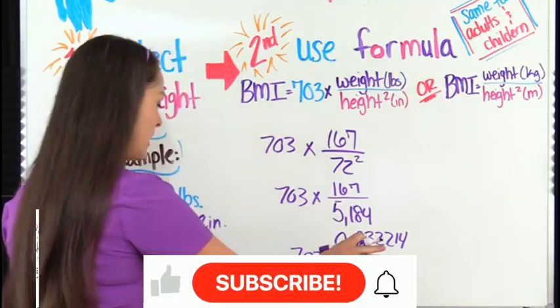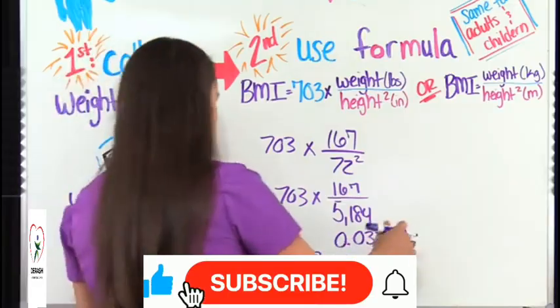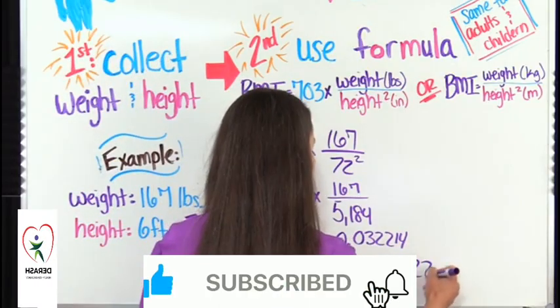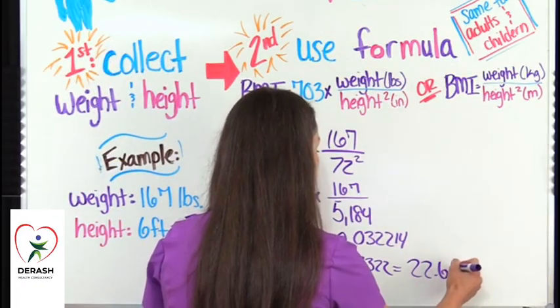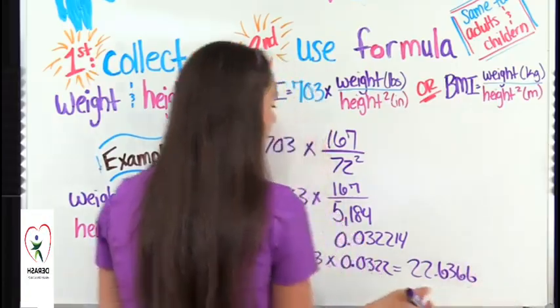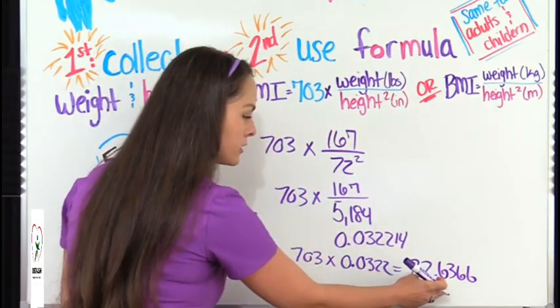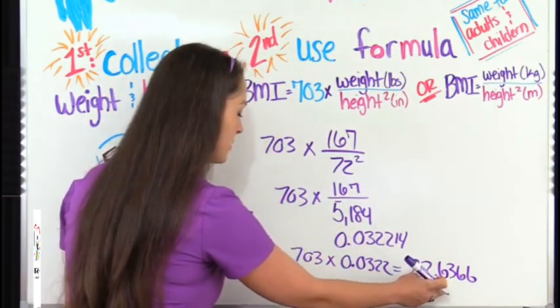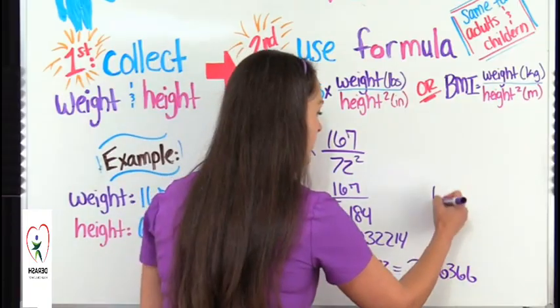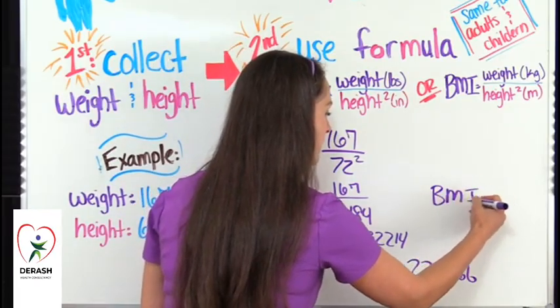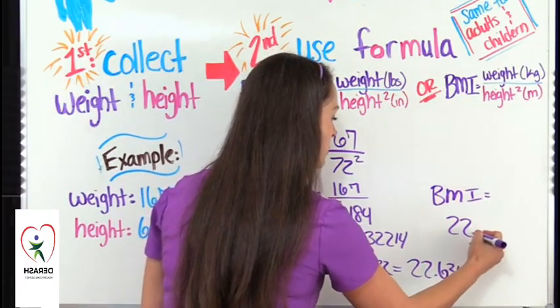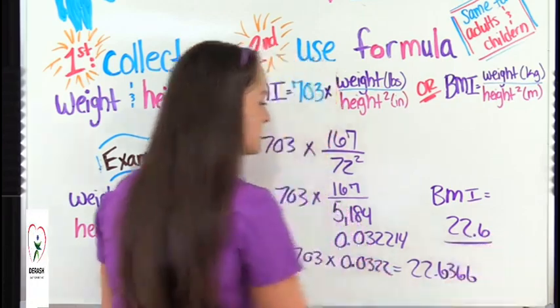So when we multiply all that out, we get 22.6366, and we're going to round our BMI to that 1st decimal place, which is the 10th place. And whenever we do that, we get a BMI of 22.6, and that is our answer.